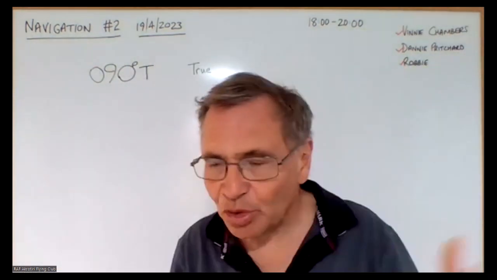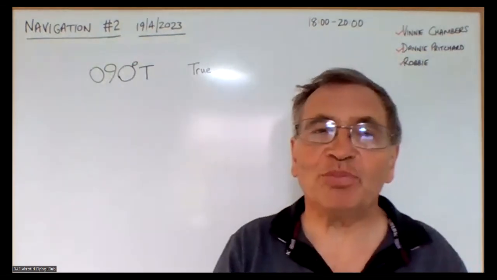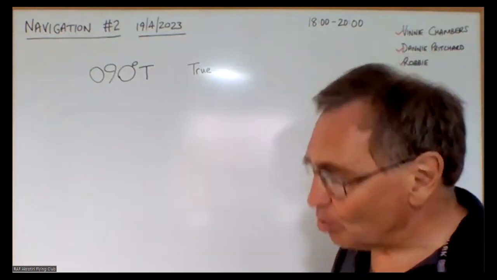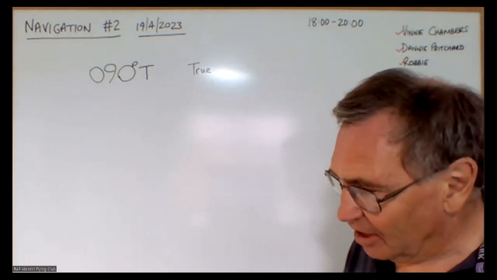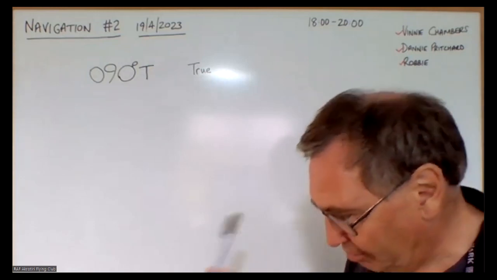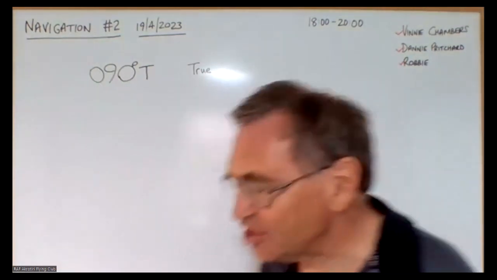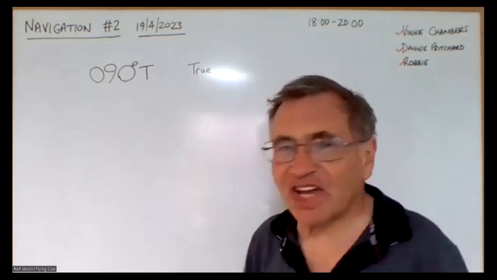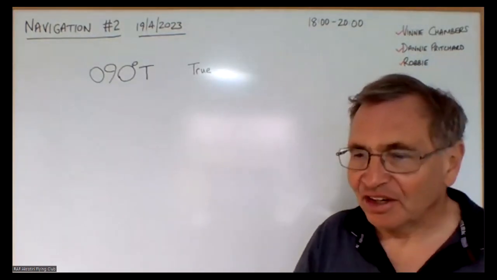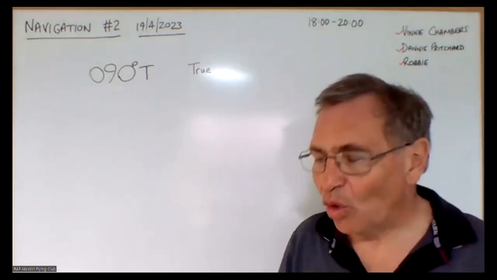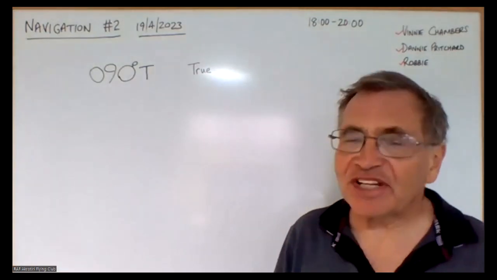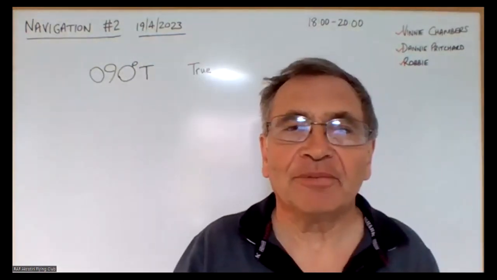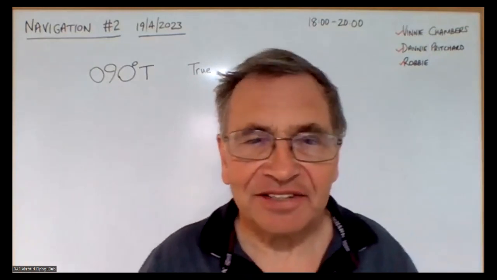Now, whenever we're talking about headings, we've always got to put a letter after them. This isn't just true of aeroplanes, this is any form of navigation: you can't say a heading of 080 or 100, because unless you specify what that heading is relative to, it doesn't make any sense.